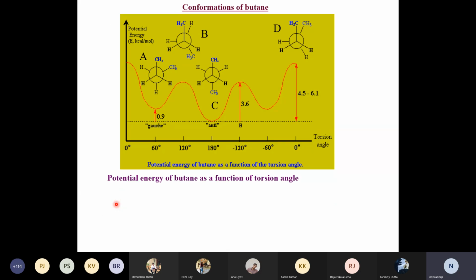Okay. Check the value of this. So this is the least energy conformer, the anti form. The gauche form, how much did you get? 0.9. That is for the gauche form. What is for your anticlinal?